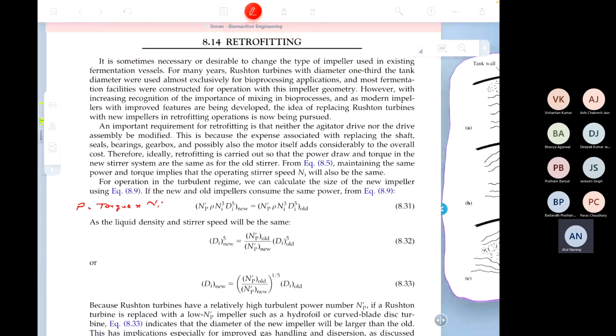So if you think you have an inefficient setup right now, how will you go about changing it? In this regard, the first point to be made is that there are certain things that ought to be preserved even though you are going through the retrofitting process. And what are those things?